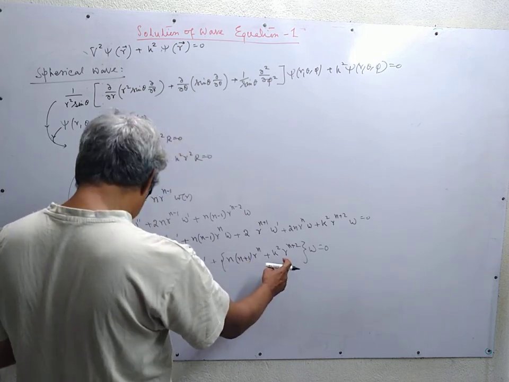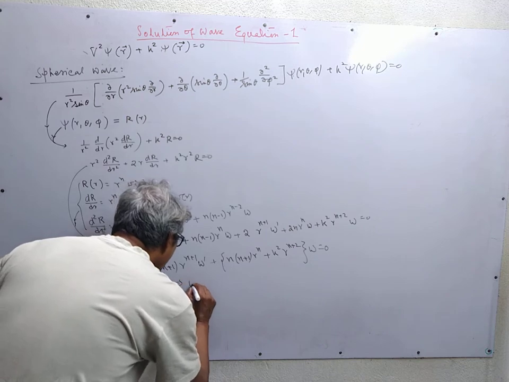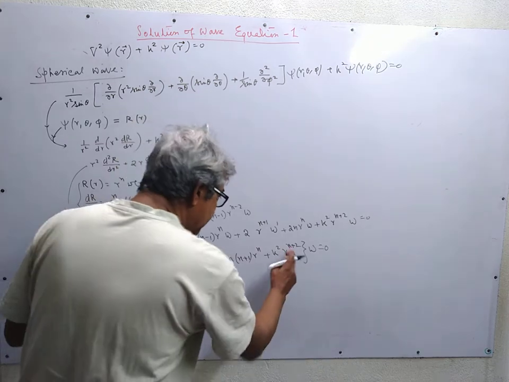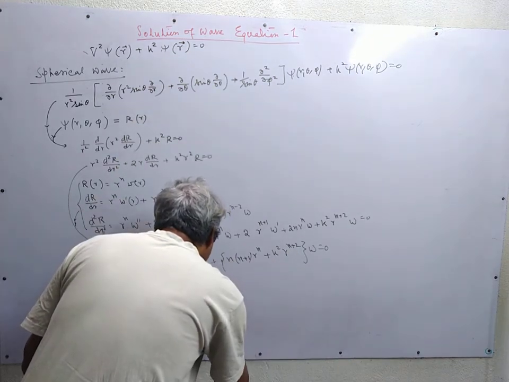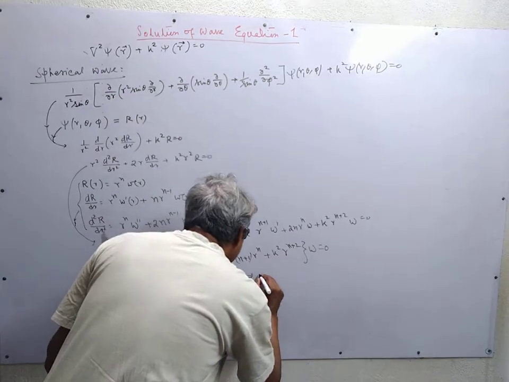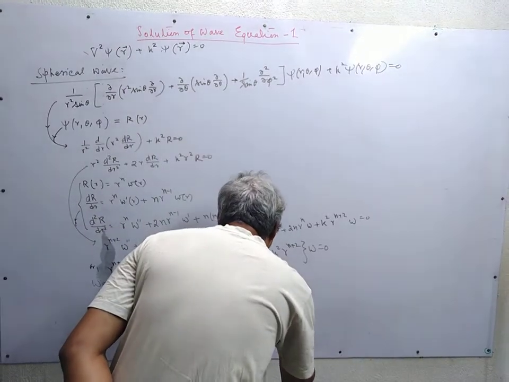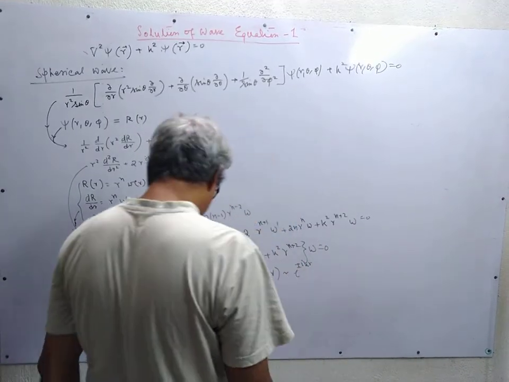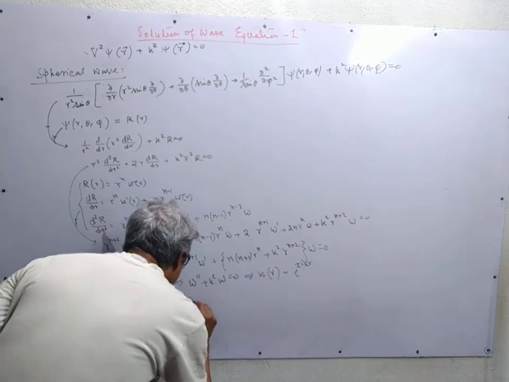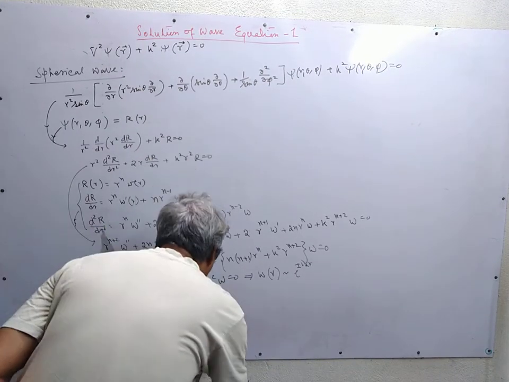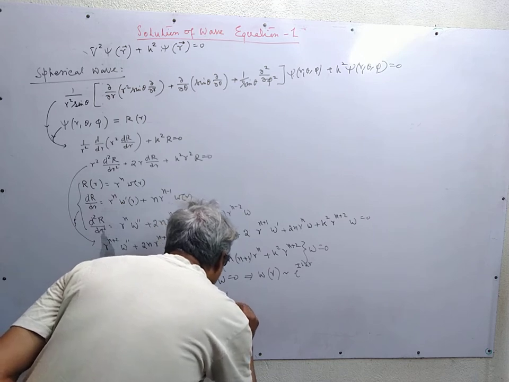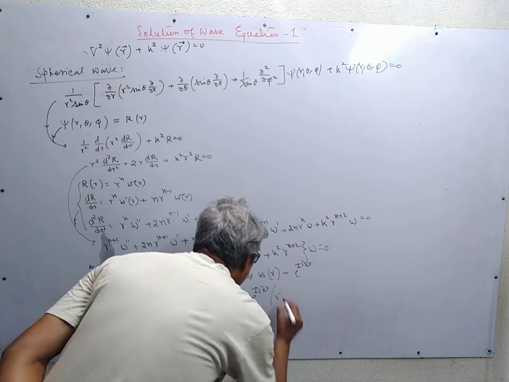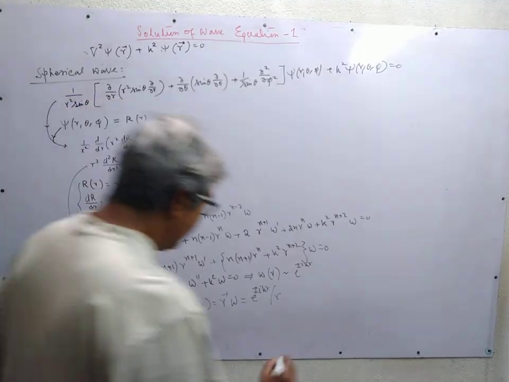So we are left with this differential equation: w double prime plus k square w is equal to 0, which gives w as a function of r equal to e to the power plus minus ikr, so that the r part, R of r, is equal to r to the power minus 1 w, which is e to the power plus minus ikr by r. This is the spherical wave.